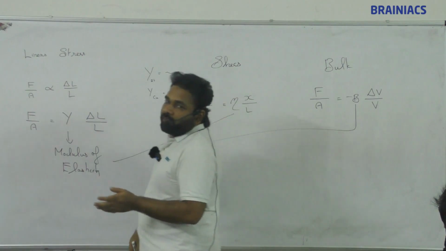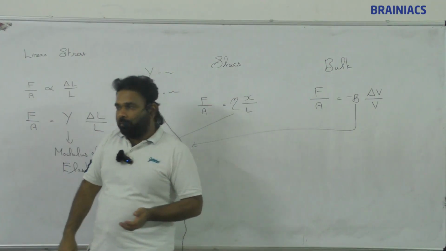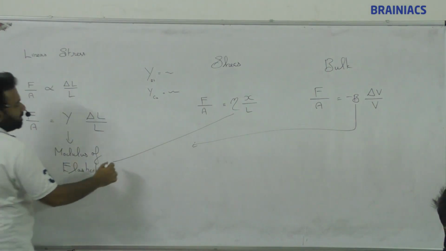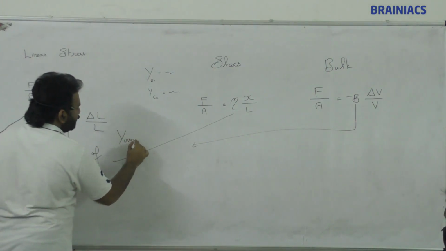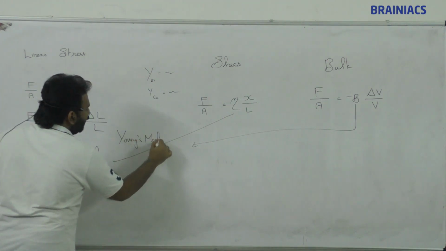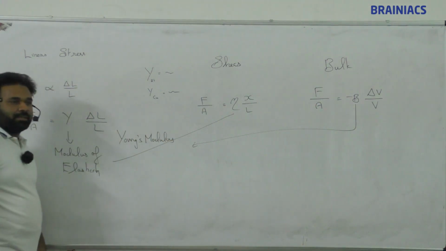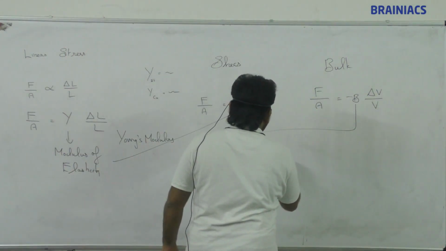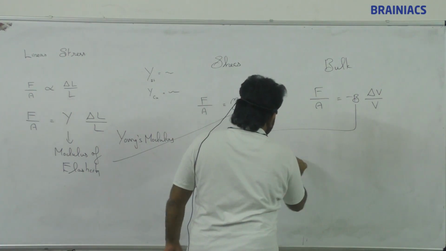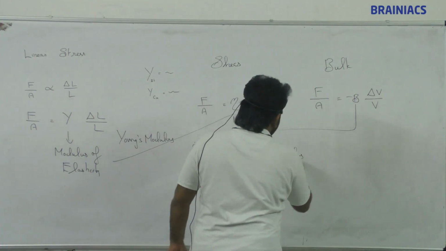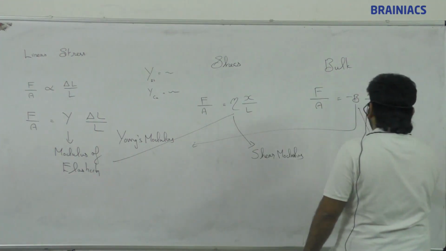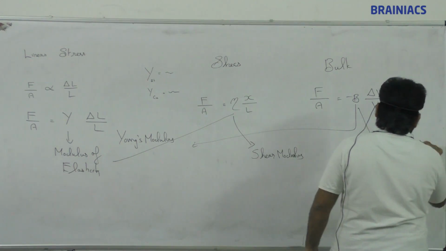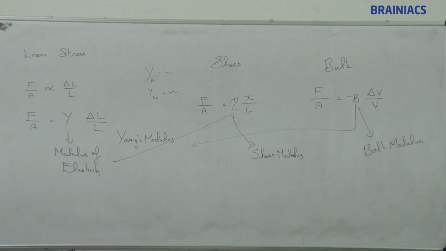If everyone in the class has the name Arun, we won't be able to recognize who is who. So this modulus of elasticity was named Young's modulus because it was found by Young. This is called shear modulus, which doesn't mean that the scientist's name is Shear. This is called bulk modulus. Able to understand?